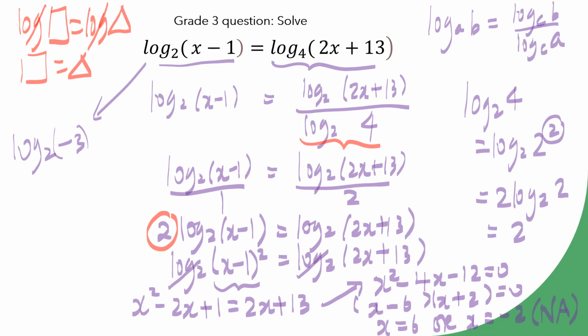So therefore x equals to -2 has to be rejected. How about x equals to 6? X equals to 6 is alright because 6 minus 1 is 5, so log 5 base 2 is fine. You have to substitute to both the left and the right side. The right side is alright because you will get log 25 base 4. So that's fine.